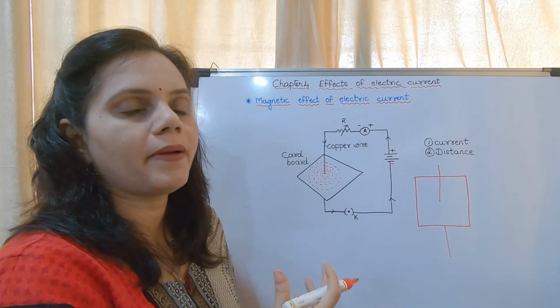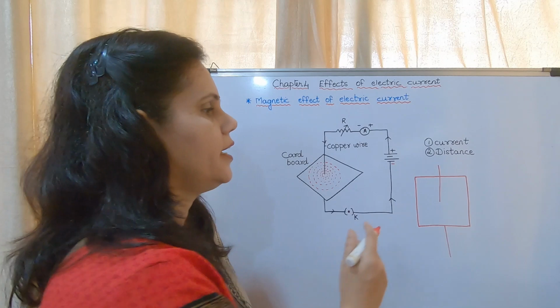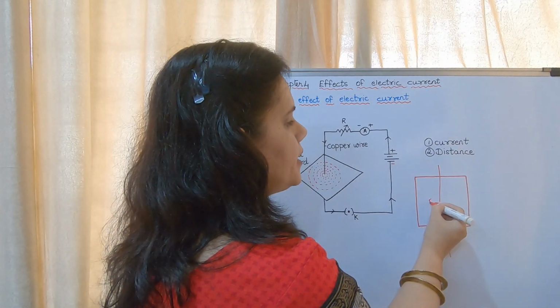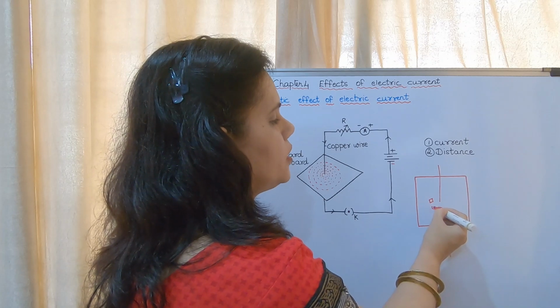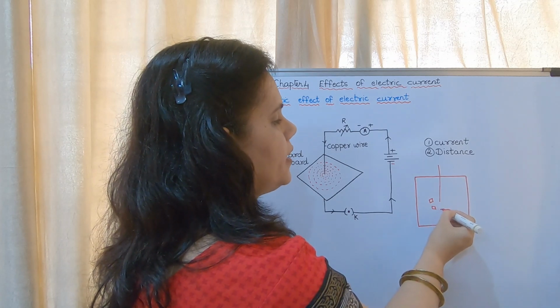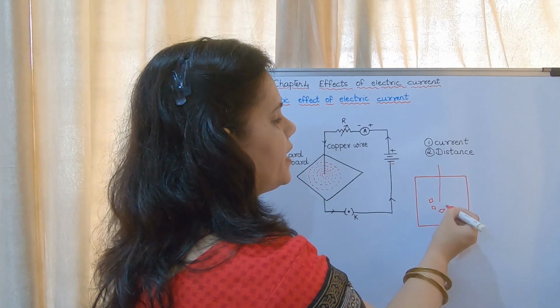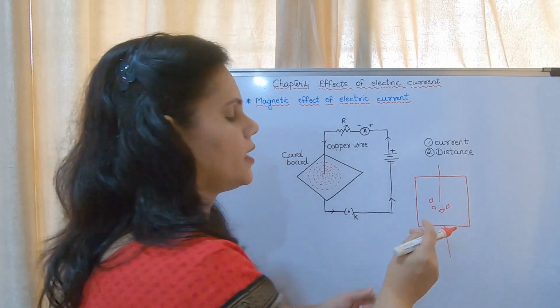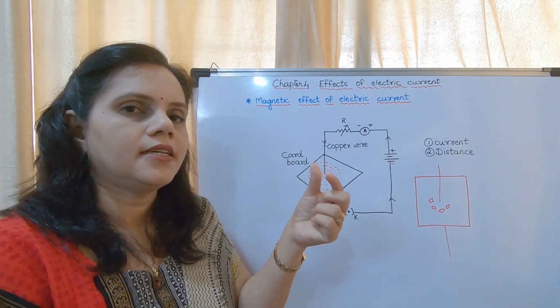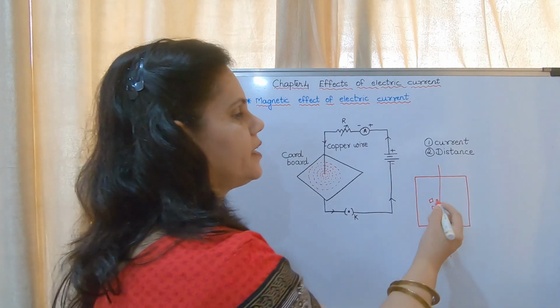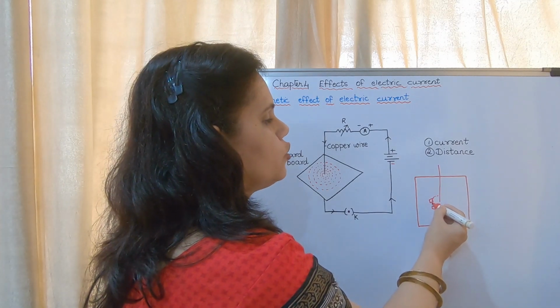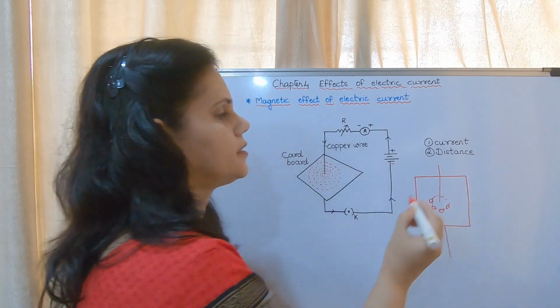It will develop magnetic lines of force. If you place a magnetic needle here, it will show deflection. It will go on changing the deflection, it will go on changing the direction. If we draw a line on this, you may see that you will get a circle.